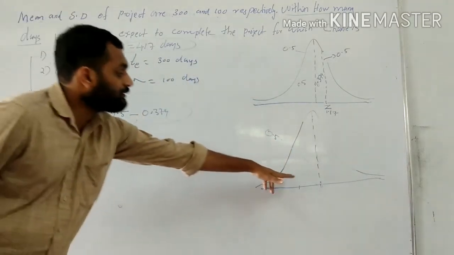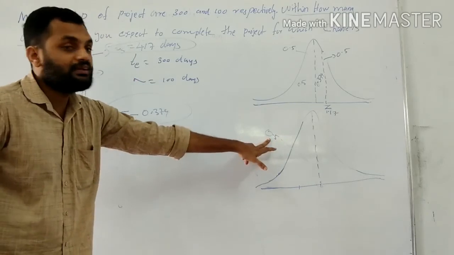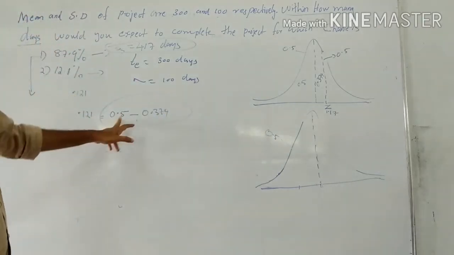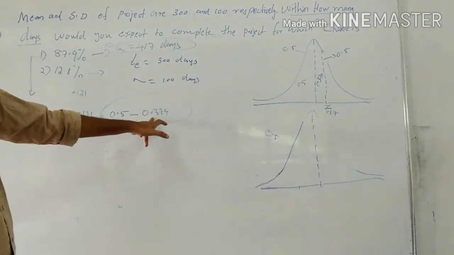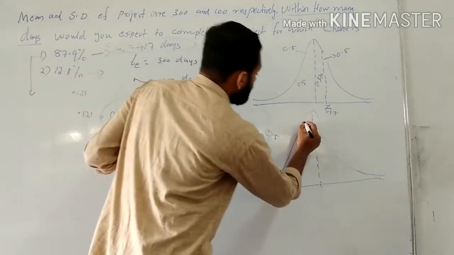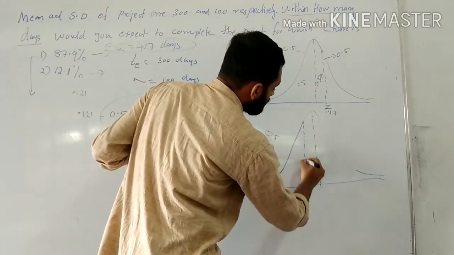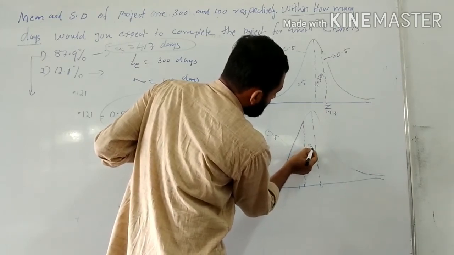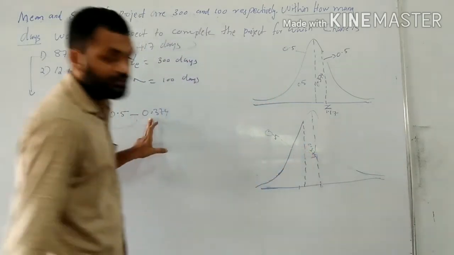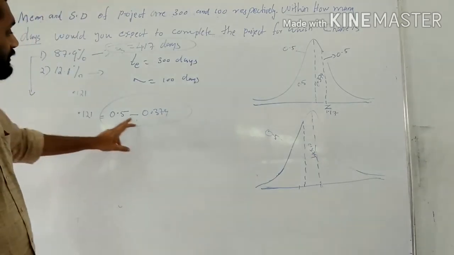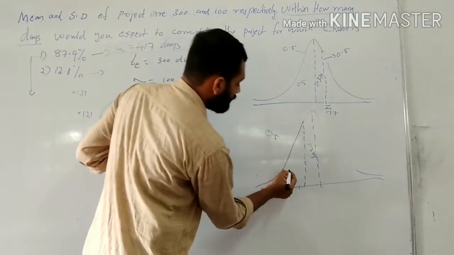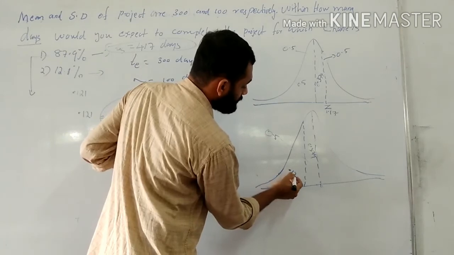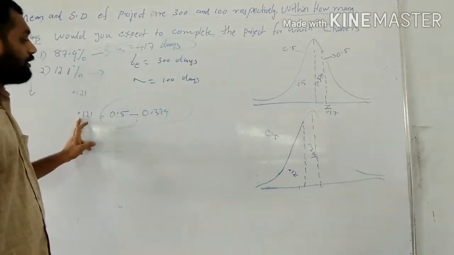When this area is 0.379, this remaining area will be 0.121.